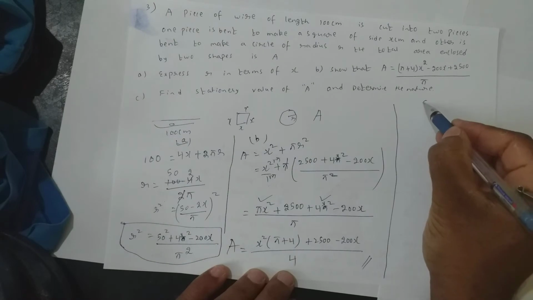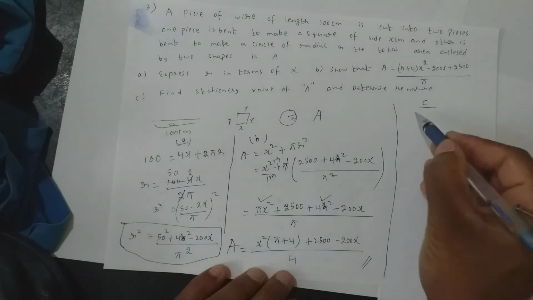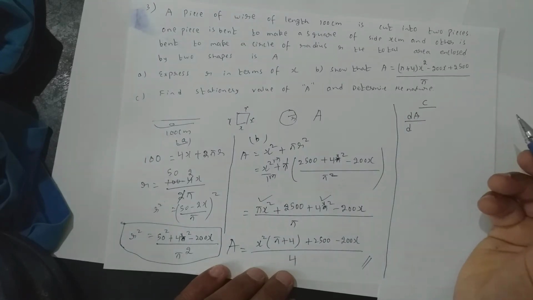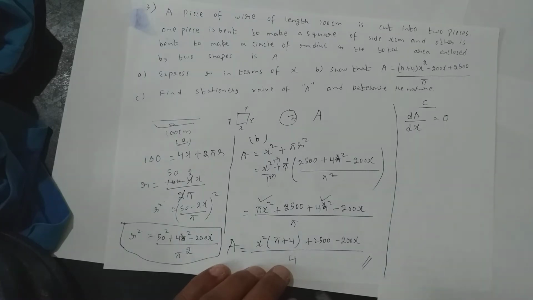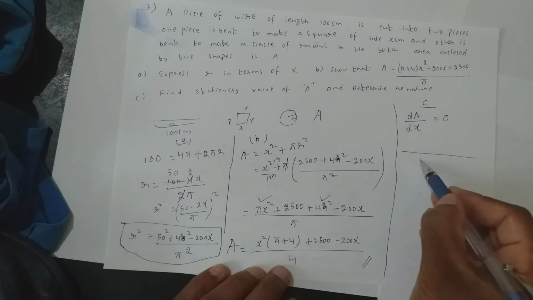Now the C bit: find the stationary value of A and determine the nature. To find the stationary value of A, dA by d of which letter is there on the other side? x. So dA by dx equals 0. Let us do that first. Denominator leave it like that.